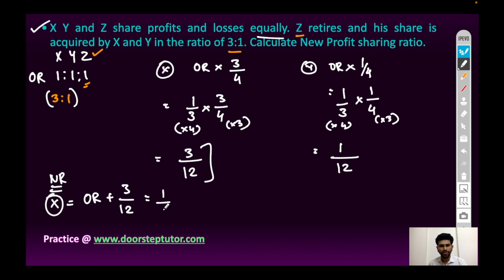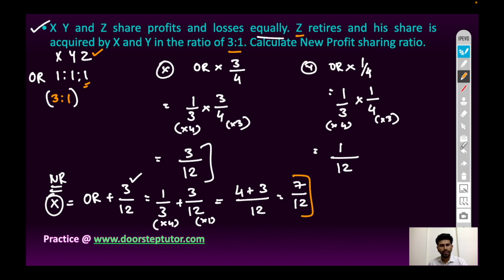Old ratio is 1/3 plus additional share, that is 3/12. Again, to get same denominator, we have to multiply this by 4 and 12 with 1. 4 into 1, 4 plus 3 into 1, 3. 7/12. New ratio of Mr. X is 7/12.